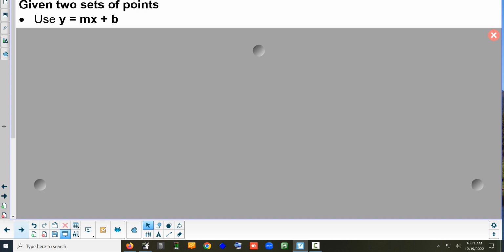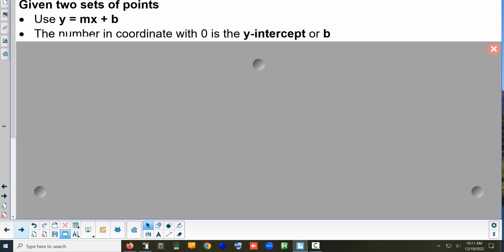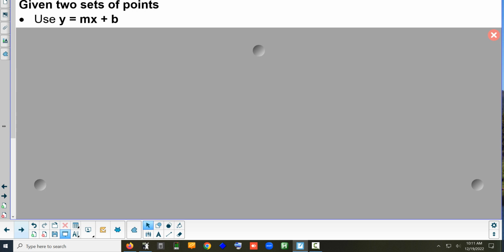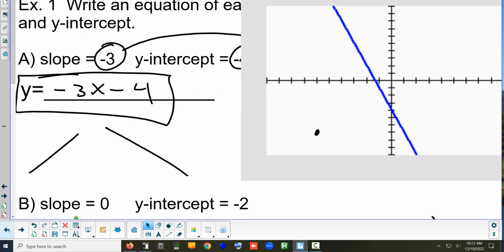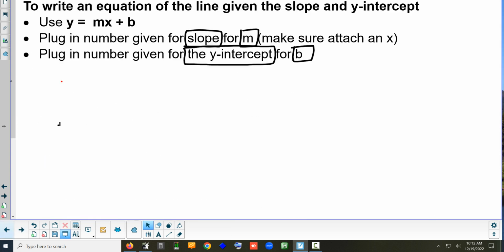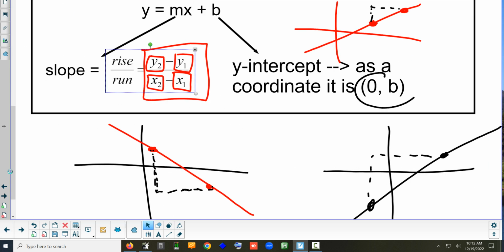So the first bullet says use. And can anybody tell me at this point, what do you think we're going to use? Yep, I'm going to use y equals mx plus b. So what did we say earlier about the y-intercept? If we go back, the y-intercept is always 0, comma, a number.